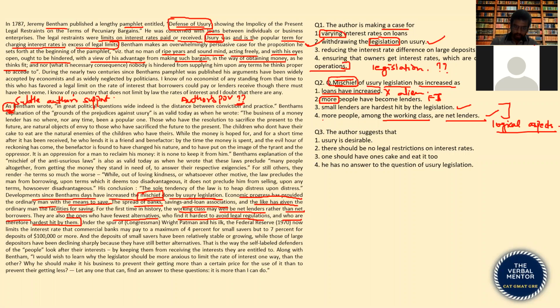If you look at number 4, if more people among working class have become net lenders, it is something positive. That cannot be called the mischief of usury legislation, if you understand the logical aspect of it. Therefore, we have to go with 3. Because small lenders are hardest hit by the legislation, mischief of usury legislation has increased. Option 3 is the correct answer.